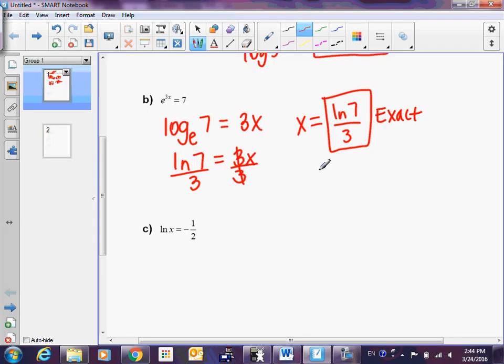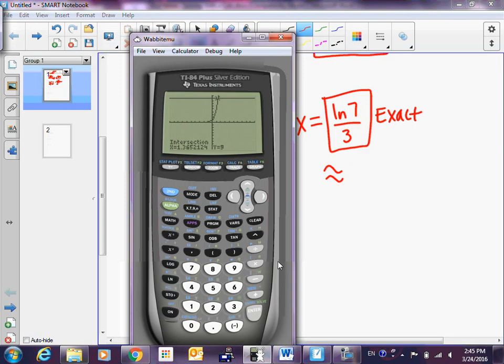Okay, if we want the approximate answer, which I didn't show on example A, so we can say that this is approximately natural log of 7. Make sure you close the parenthesis behind the 7, divided by 3, and you get 0.649.